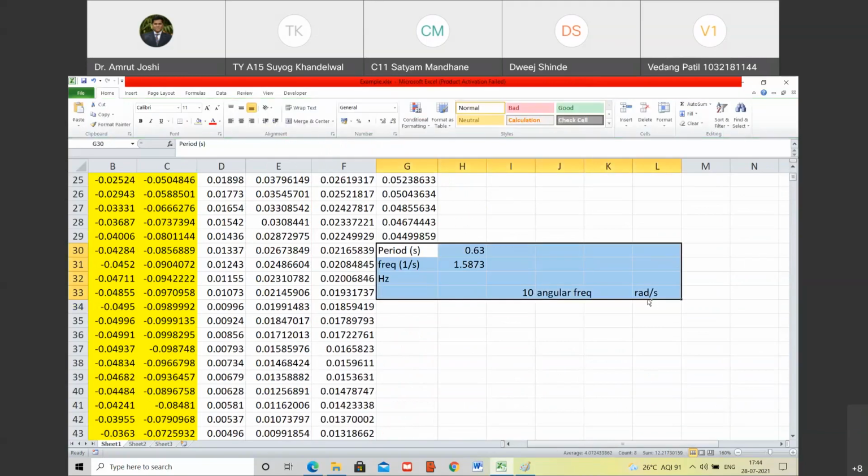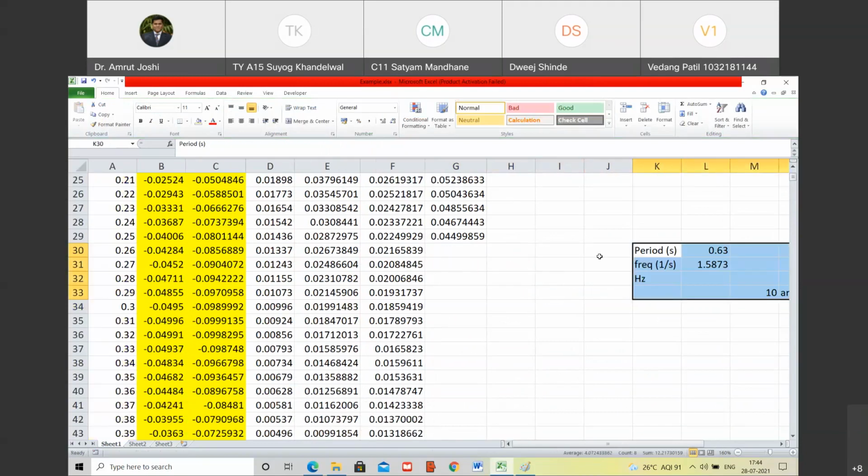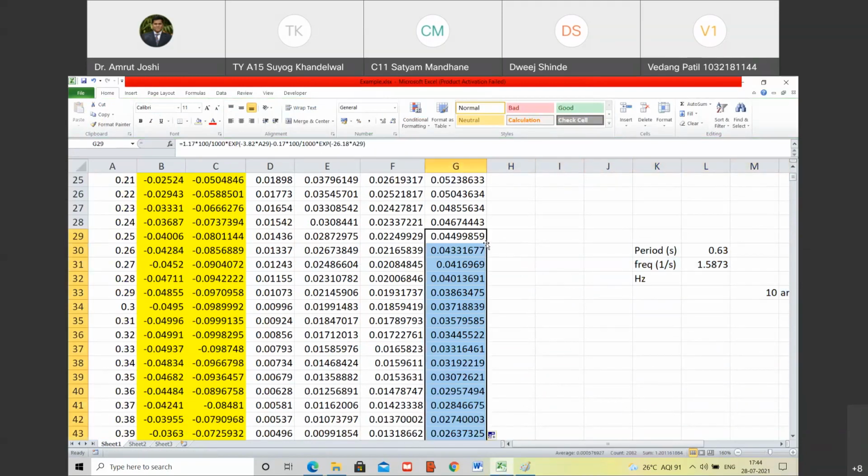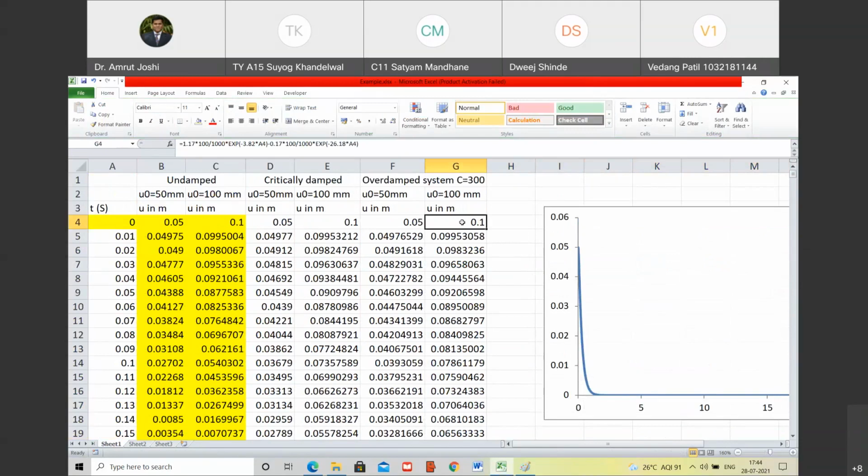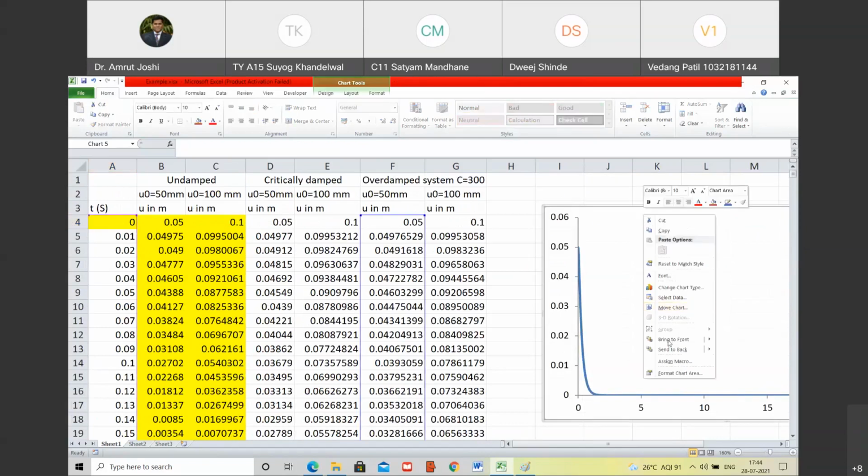Just give me a second. Now let me plot it in the same graph. I'm going to add the data.